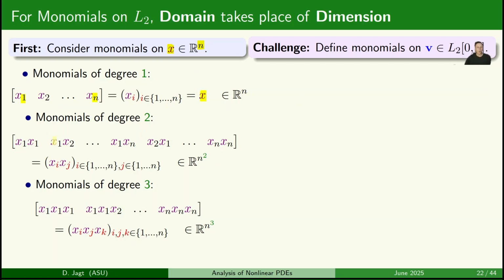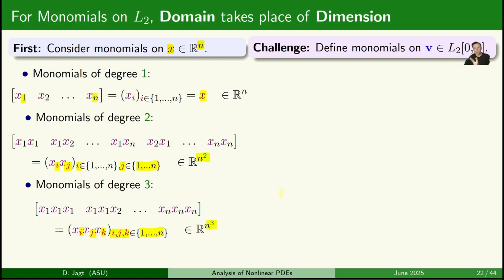Similarly, the monomials of degree 2 will include all products xi times xj for i and j both ranging from 1 up till n. So this will be a vector of n squared elements. The monomials of degree 3 then include all products xi times xj times xk for i, j, and k ranging from 1 up until n. So this will be a vector of n cubed elements.